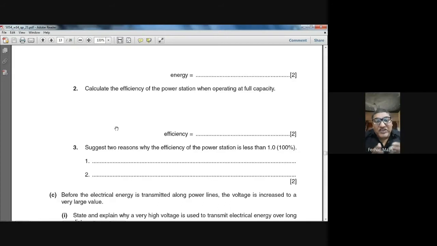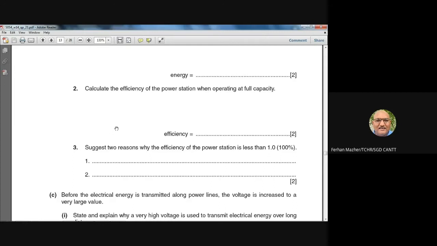The water which enters the turbines is at very high speed, but the water which is coming out of the turbines still is at very high speed. So you will immediately know that the water which came out of the turbine still has a lot of kinetic energy in it. It means that it has not given all its kinetic energy to the turbine and to the generator.